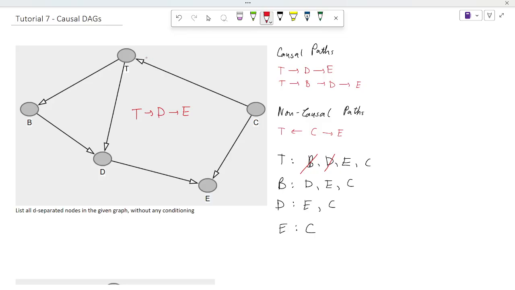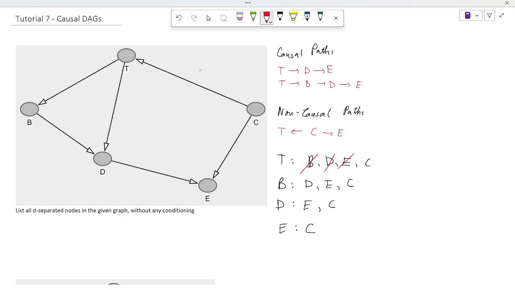And another path I see through this variable C as well, which is a fork. I'm not going to list down any further paths because of the two paths I wrote, one has a chain and one has a fork, which means both paths are open, which means they are not d-separated.